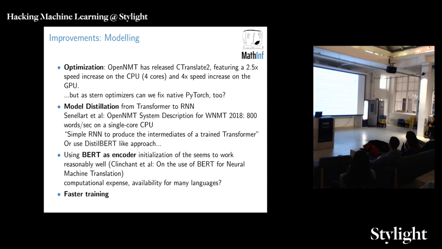I've spent some thought since then on how you can do the more modern things, and one thing obviously is optimization. The thing is kind of slow. It's not awfully slow, but if you translate a 100-page document, you need some patience, because you have between 50 and 200 tokens per second on a CPU, and OpenNMT has since released an optimized framework for inference.